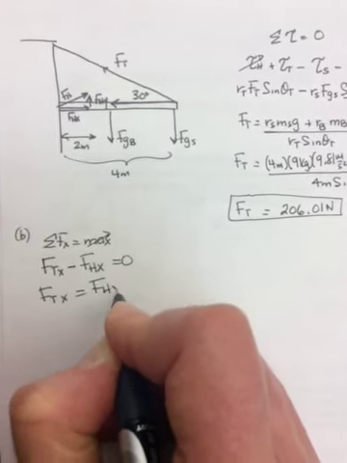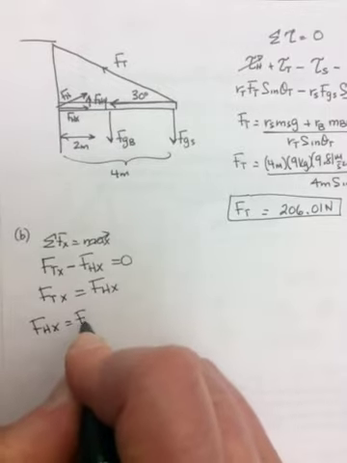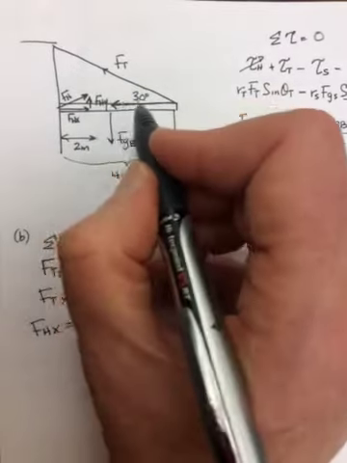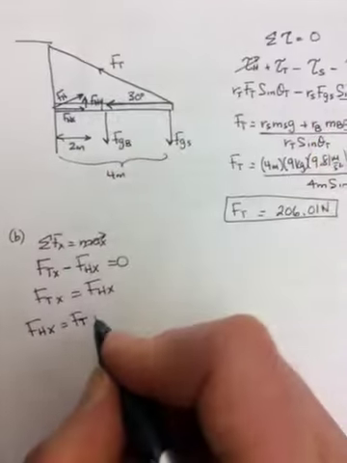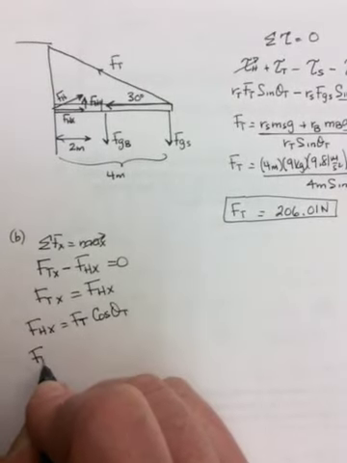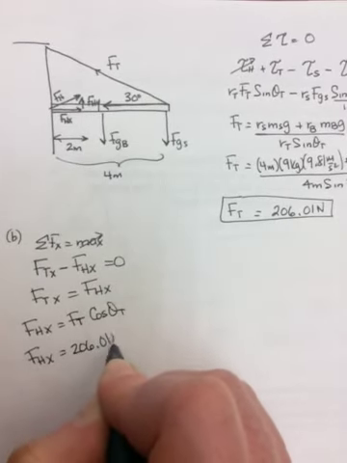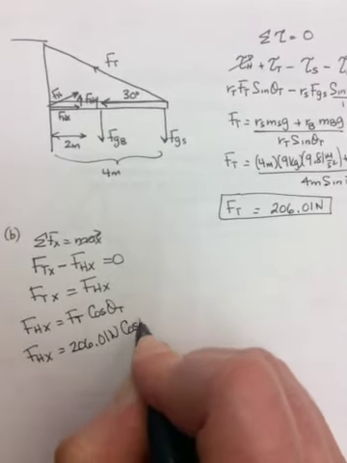And that means we can find Fhx, because it's going to be equal to Ft, and the x component is cos theta for t. Fhx then is equal to 206.01 newtons cos of 30.